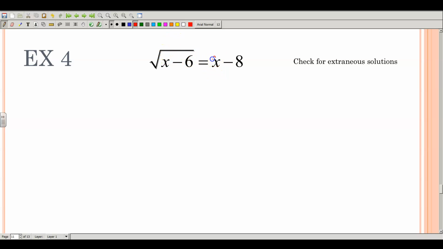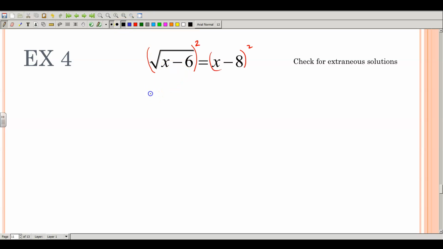I would like to get this x and connect it with this, but I can't really do that because one's inside of a square root and the other one's not. But what I can still do is get rid of this square root on the left-hand side. Since this is raised to the 1/2, I can raise that side to the 2, square the left-hand side, and therefore I would have to square the right-hand side.